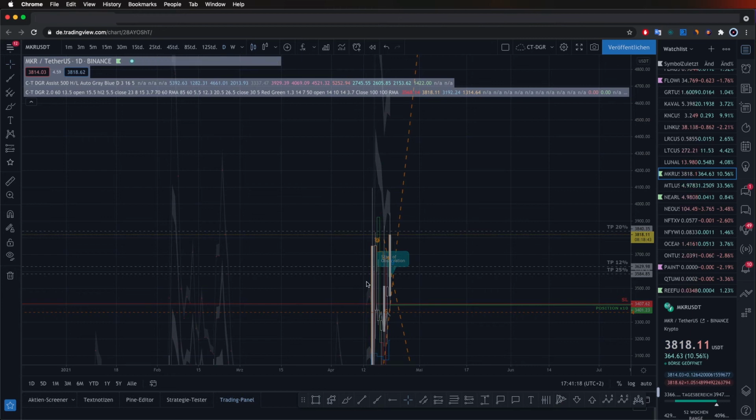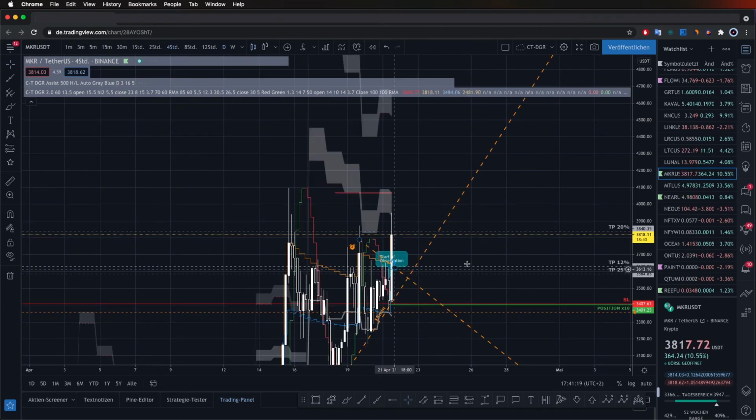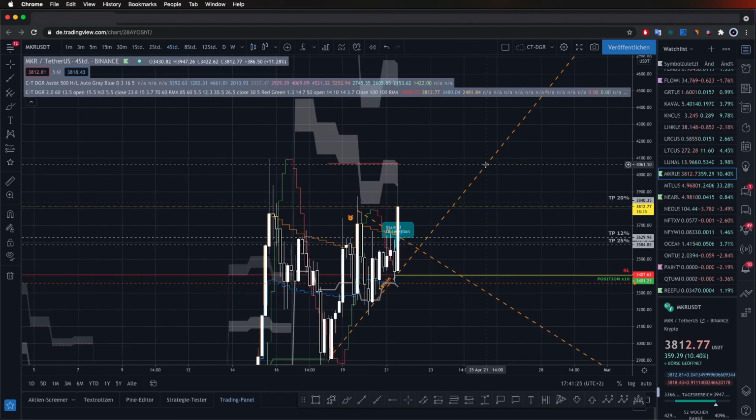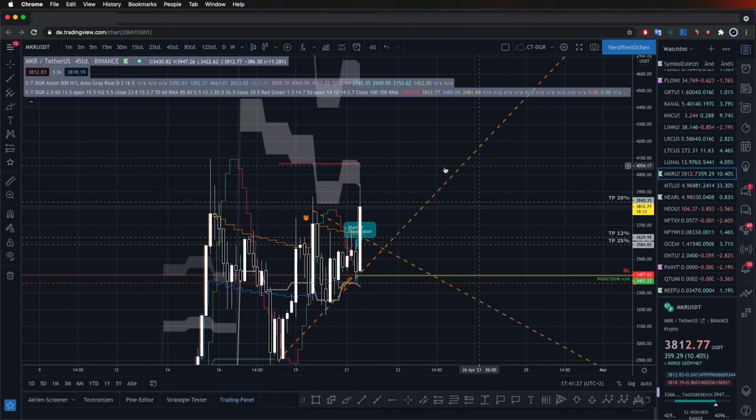So it's difficult to say. There's not so much higher to go actually. You see here on the 4 hour time frame we would break the bearish momentum if we cross that one.